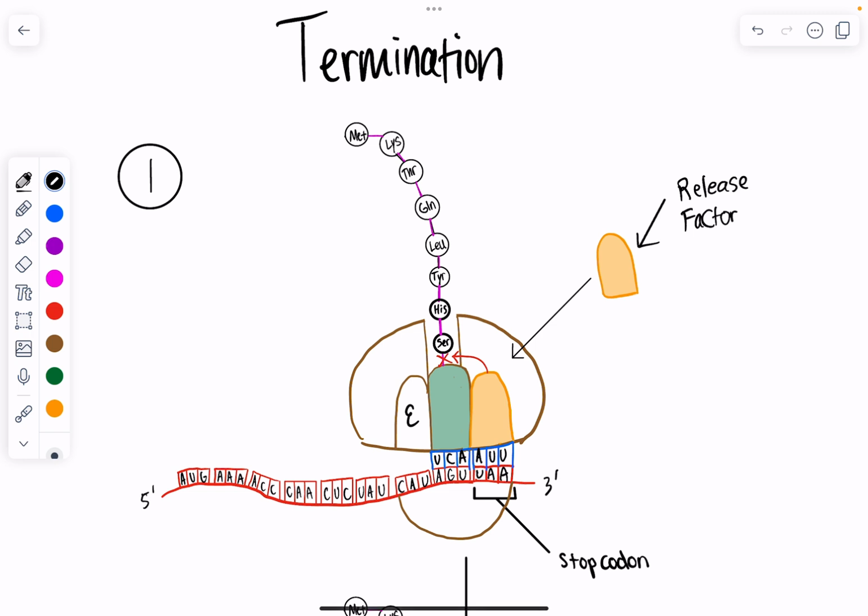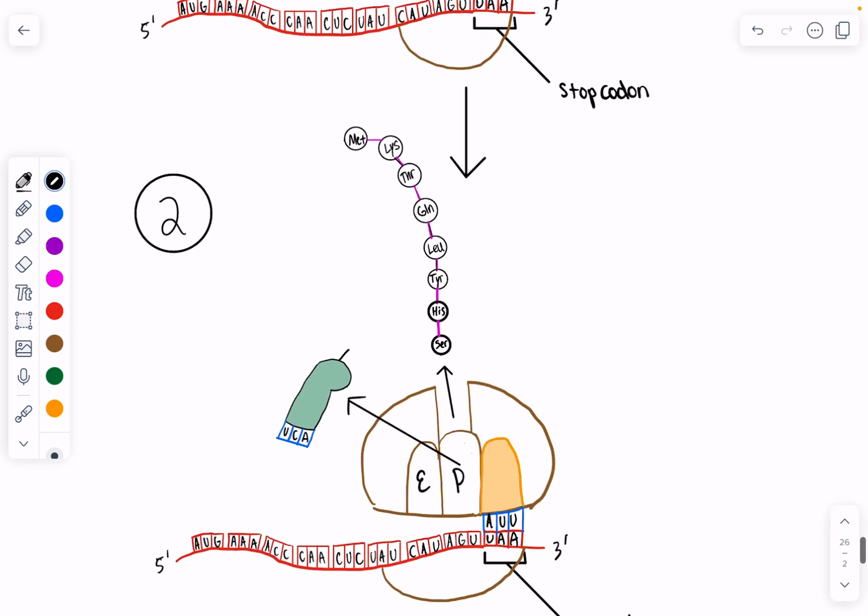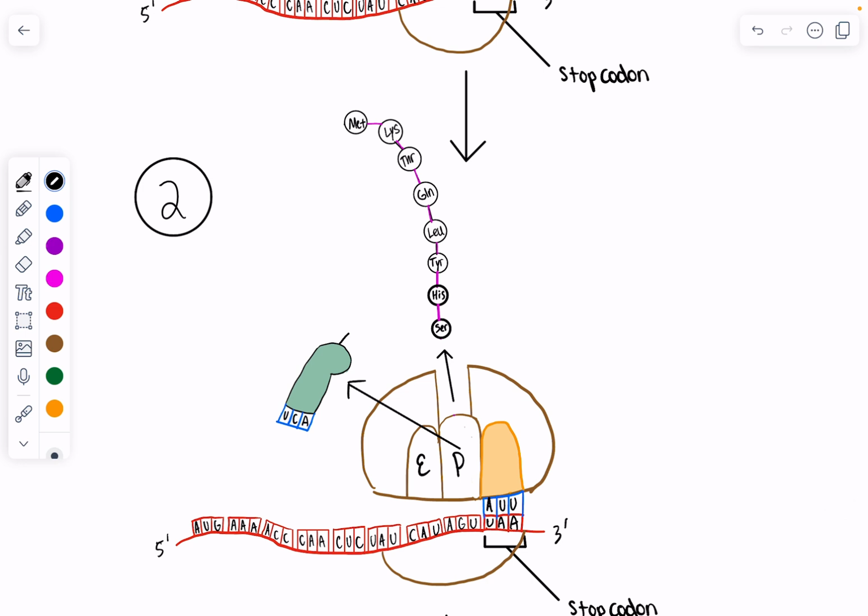So when the release factor binds to the A site, it's going to actually cause a hydrolysis reaction, which means it's going to break that peptide bond that's binding the tRNA to the polypeptide, and it's going to cause the release of that polypeptide chain, right? And also that tRNA is going to be kicked out from the P site, right?